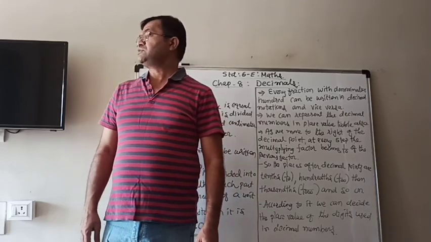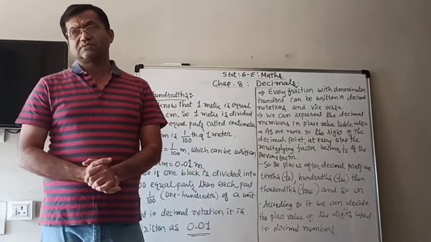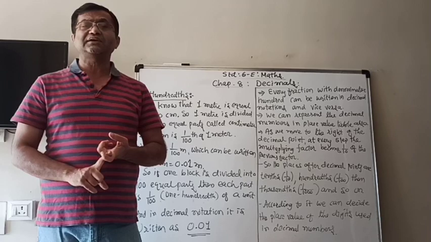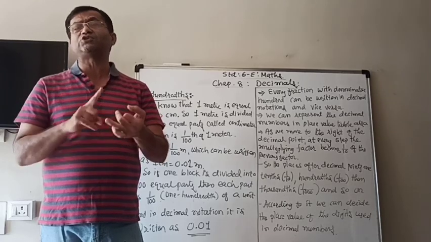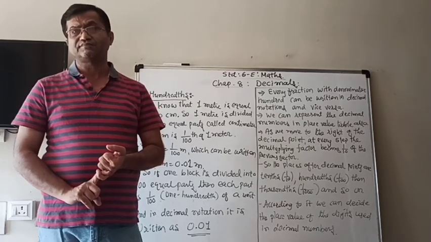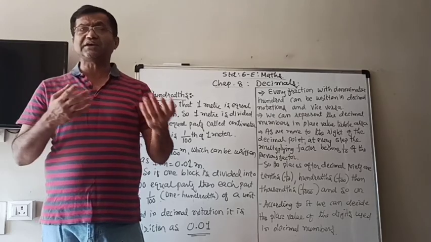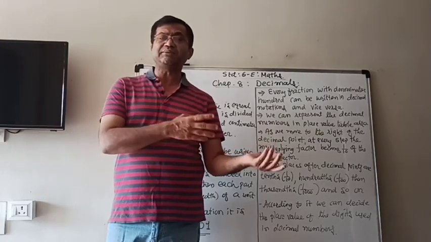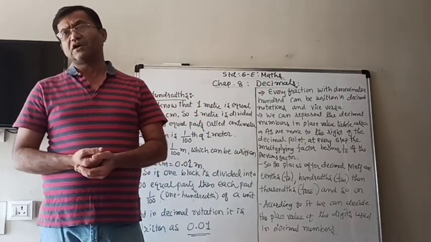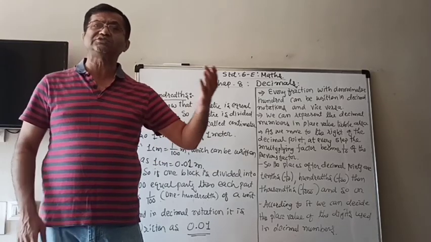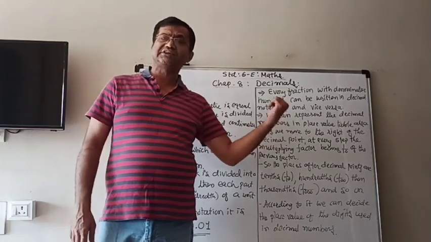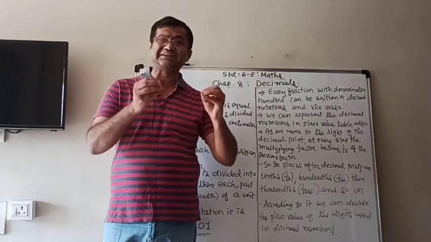Then we saw that 1 centimeter is divided into 10 millimeters, so we can convert centimeter to millimeter or millimeter to centimeter using the same idea of the tenths place.